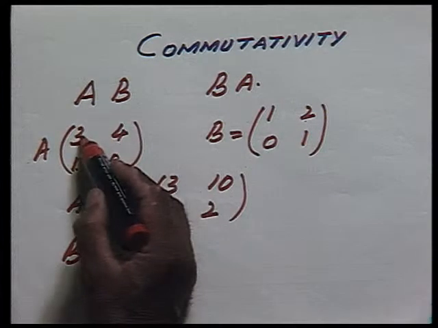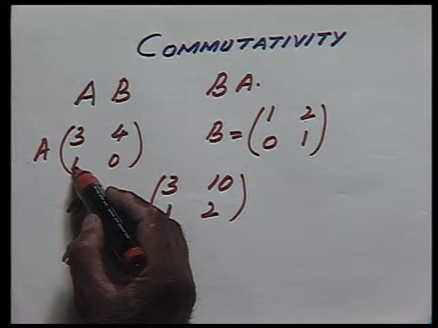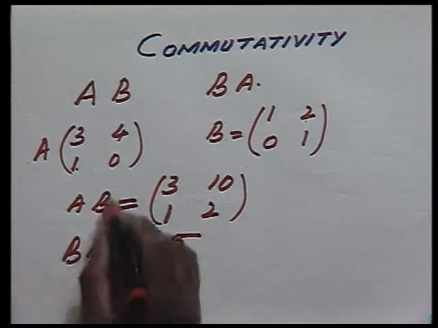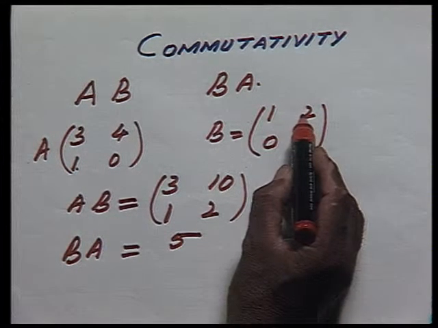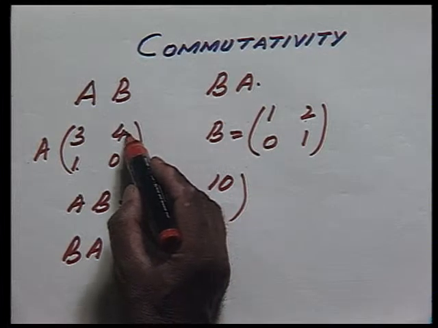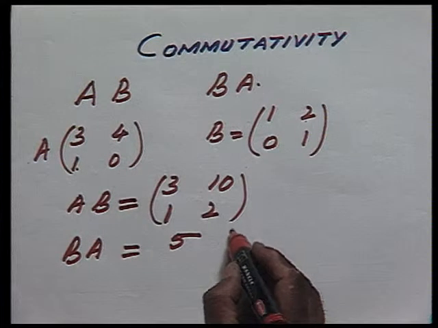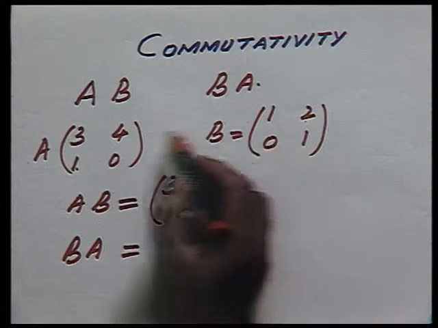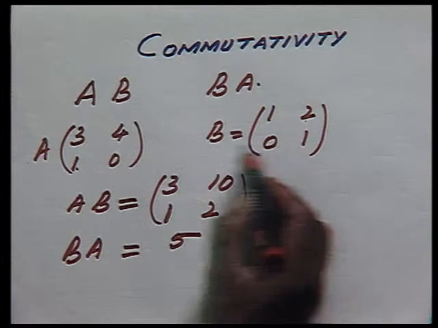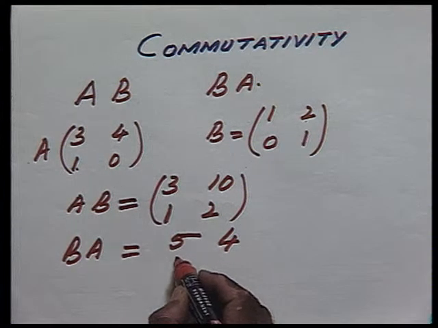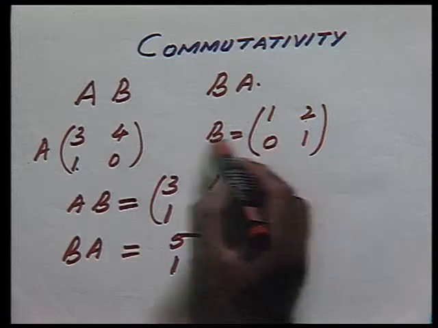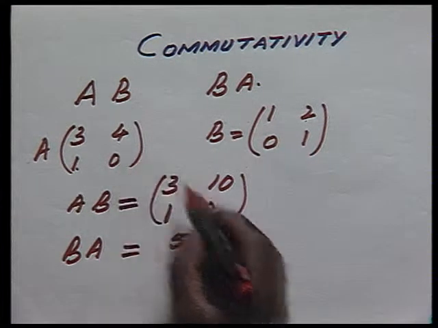See, 1 3 2 1, this gives us 3 and 2, 5. Then first row second column, 4 and 0, so this comes out to be 4. Second row first column, 0 3 is 0 and 1 1 is 1. Second row second column, 0 4 is 0 and 1 0 is 0.